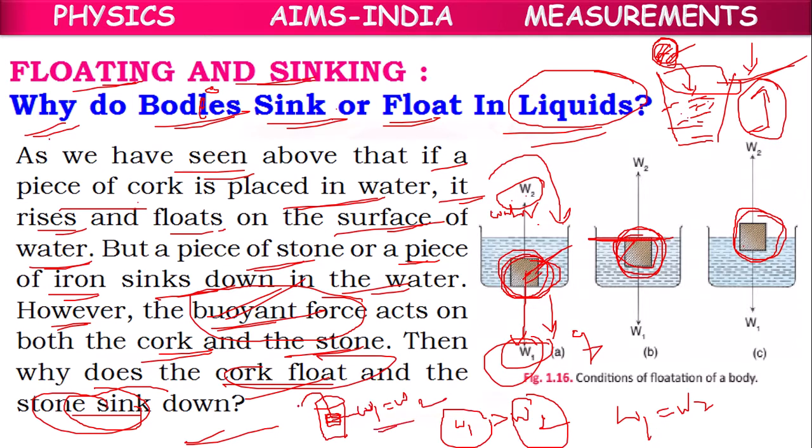As the glass is full of water, if you keep one block into the glass of water, the same amount of water as the volume of the block that went in will be displaced out. Because we are sending one object into the water, some water will be displaced outside.